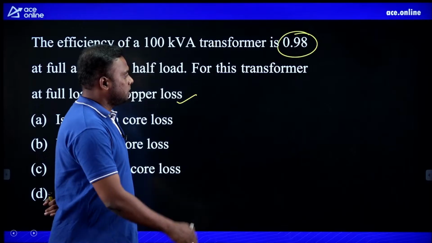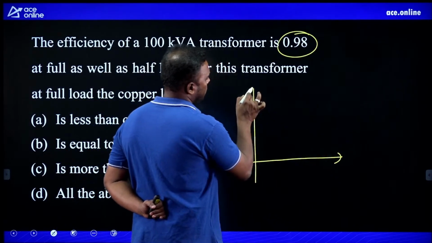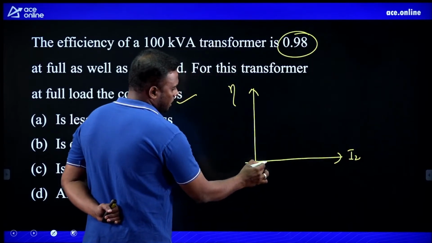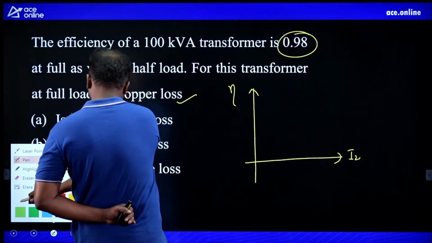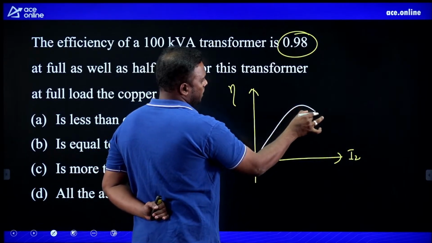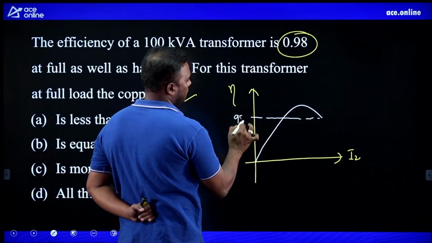Why? Because if you draw the variation of efficiency with current, like this, whenever current increases, efficiency also increases. Here it is given that the efficiency is 98% at full load.